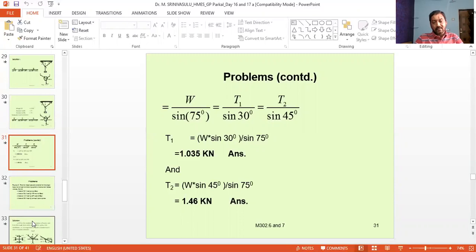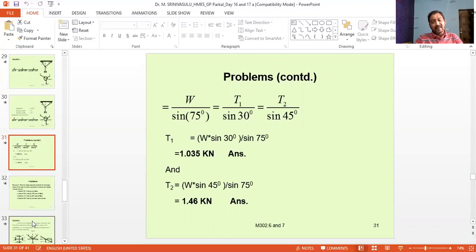Now to find the T2 value, we equate T2 with W. That is T2 by sin 45 is equal to W by sin 75, or T2 is equal to W into sin 45 by sin 75.